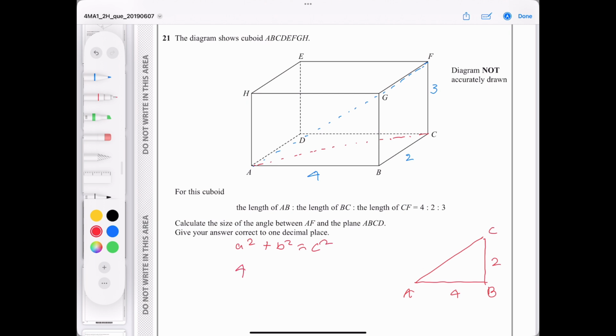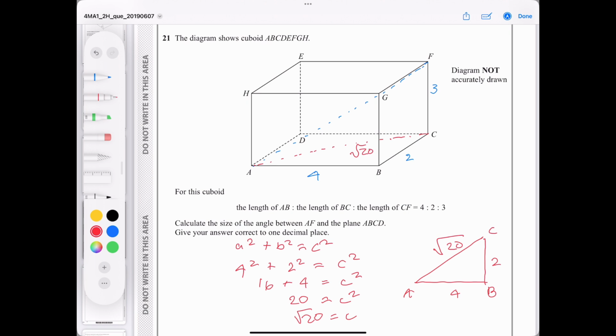So 4 squared plus 2 squared equals c squared, so that's 16 plus 4 equals c squared. So that's 20 equals c squared, so root 20 equals c. So let's put root 20 in there, and let's put root 20 in there.